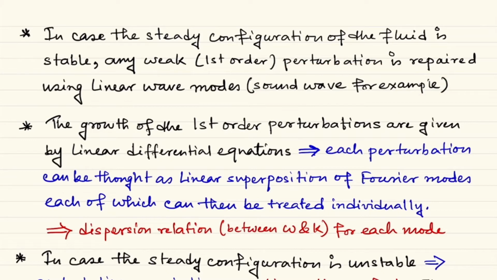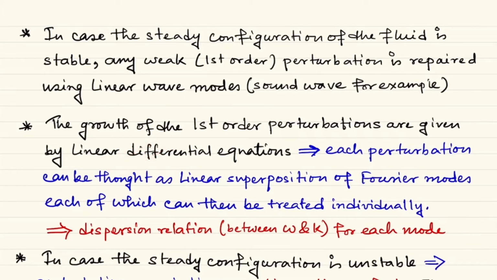The growth rate of the first order perturbations in this case is given only by linear differential equations. And what is the advantage of that? If we have a weak perturbation with respect to a steady configuration, we call that configuration stable and steady. Then we can express the growth or evolution of the perturbation as linear differential equations.